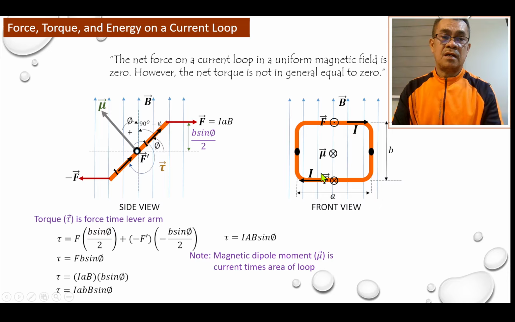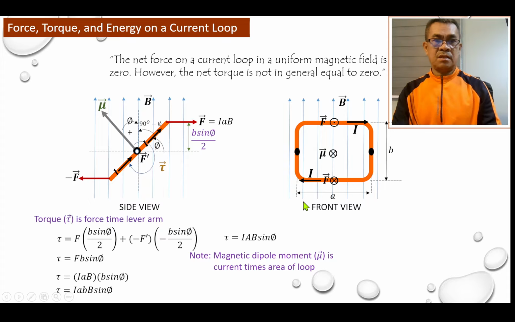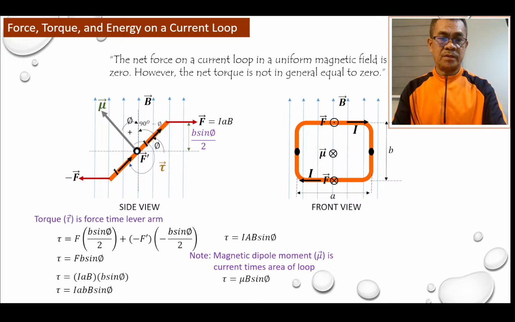And the torque has the dipole moment. Look at this one. Remember that I times A is the dipole moment. So because of the dipole moment, the current loop will rotate. So that's it. Very important is this. Now take note, this is a vector quantity. So you have to be sure to know the direction of the current loop's dipole moment.